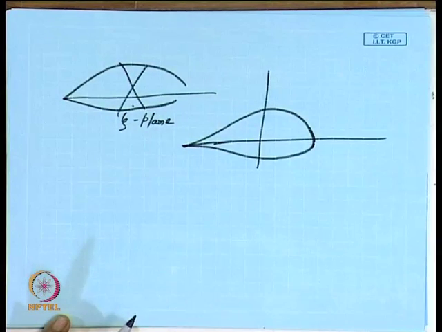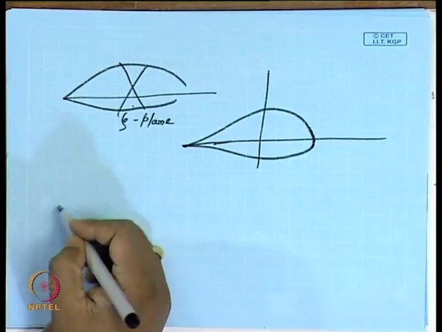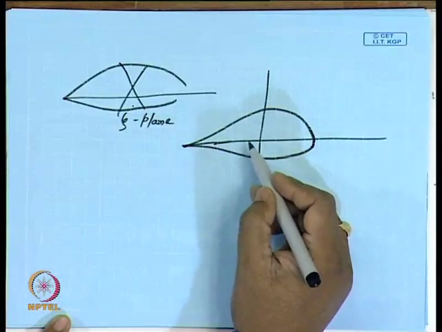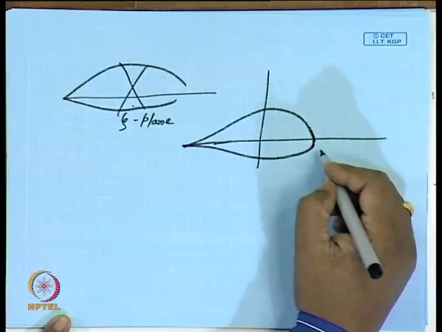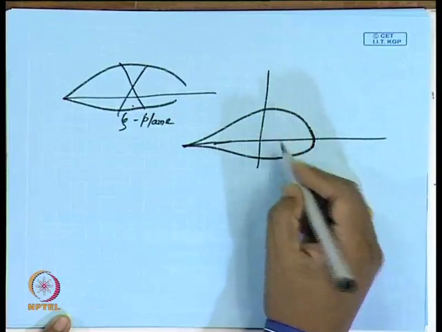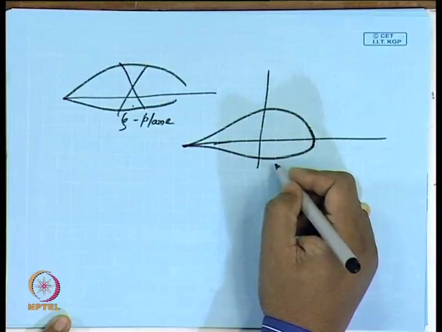It will be something like this. In the previous case, we have seen that this was symmetric about the xi axis, but here there is a shift to the right, to the upward direction.